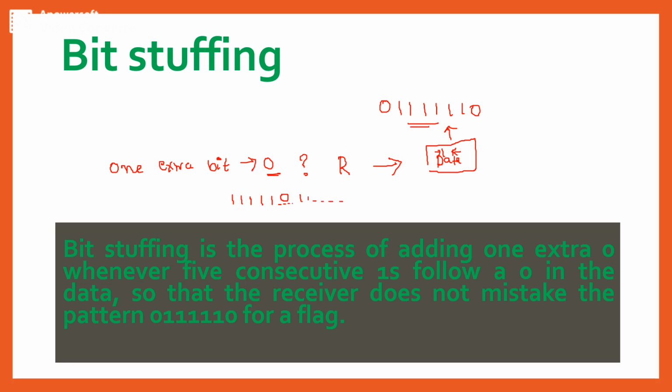So bit stuffing is a process of adding one extra 0 whenever 5 consecutive ones follow a 0 in the data, so that the receiver does not mistake the pattern for the flag value. If we use bit stuffing, we can avoid the wrong prediction at the destination node.